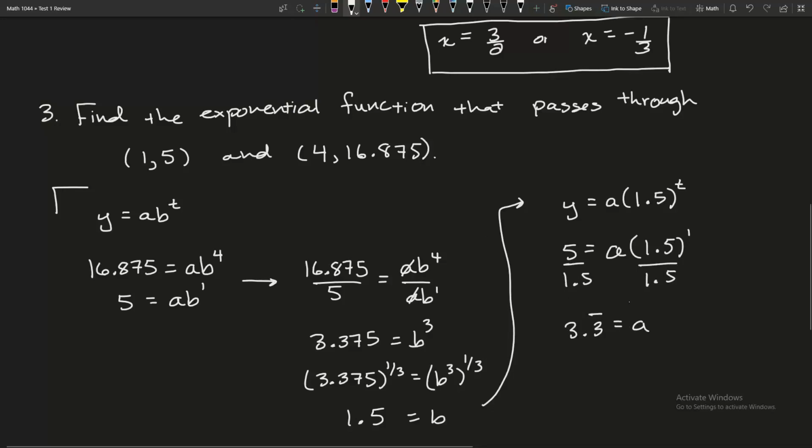So that would be 3 1/3, or 10/3. Either way.